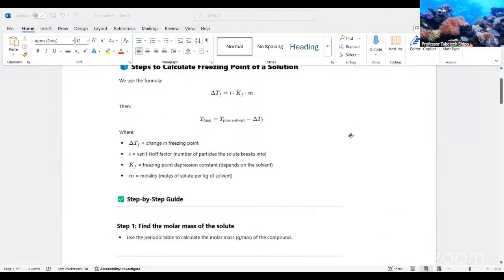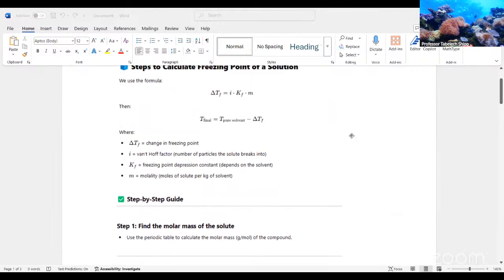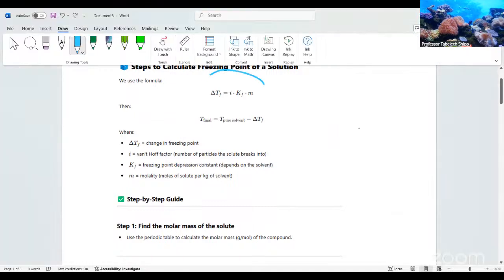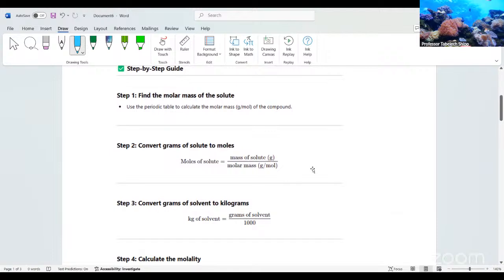So here's your step-by-step. First thing you want to do, you're going to be given this formula right here. However, there are things that you'll need to know in order to apply it. Number one, you want to find the molar mass of the solute. And how do you find the molar mass? You just use your periodic table to calculate the molar mass of the compound.